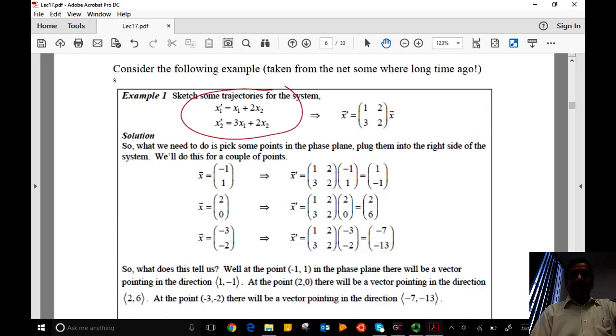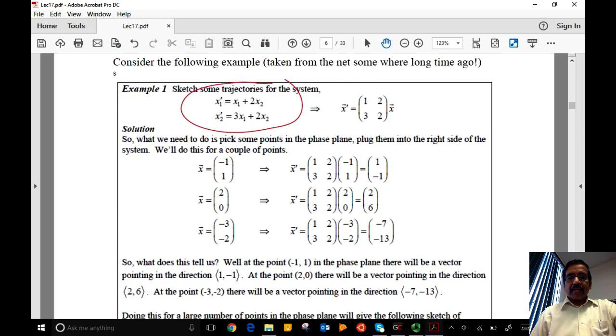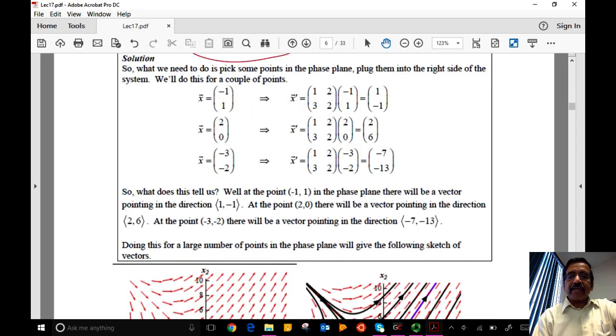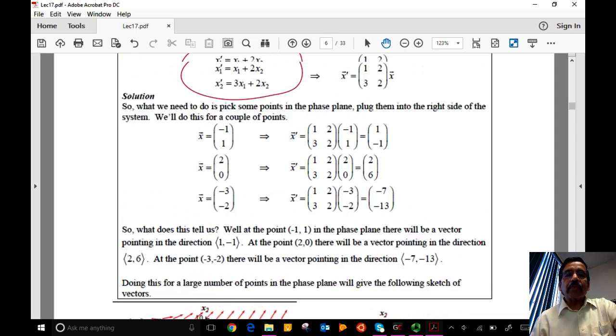So for this particular problem, what do we do? We go through exactly the procedure that we laid out: find the eigenvectors, find the eigenvalues, and you will find that the eigenvalues are, what are they? What do I have?